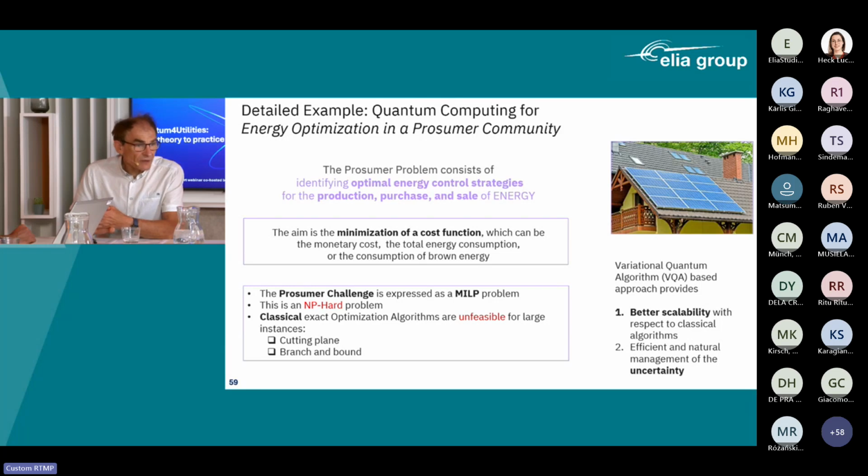And already in the previous sessions by José, we saw the MIELP, M-I-E-L-P, the mixed integer linear programming problem, excuse me, in which you combine integers and real numbers that you need to optimize. To make a long story short, you can represent this prosumer challenge also as an MIELP problem.